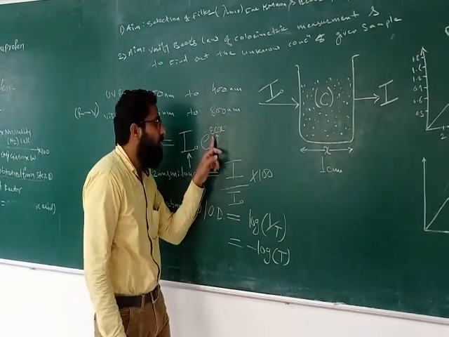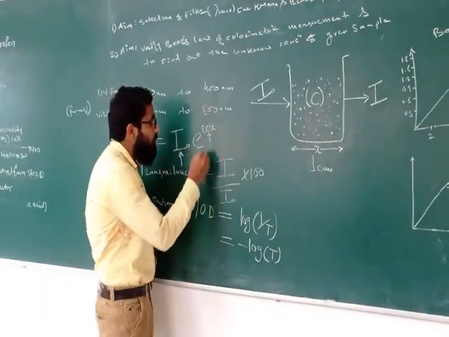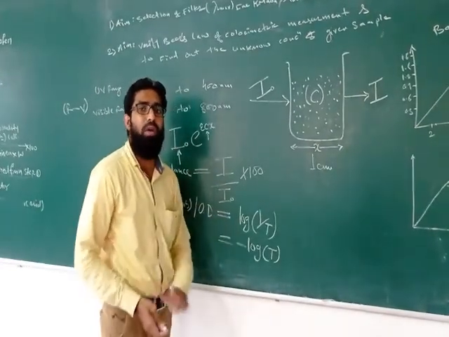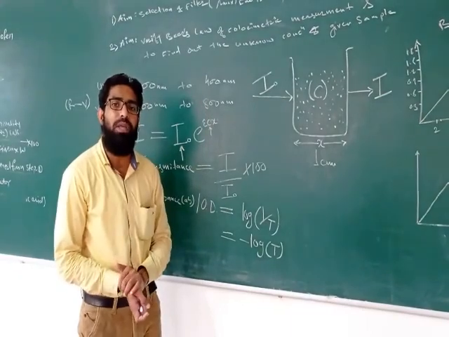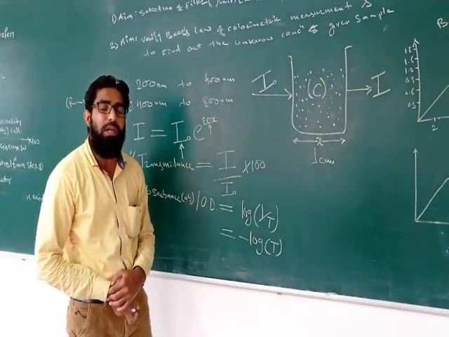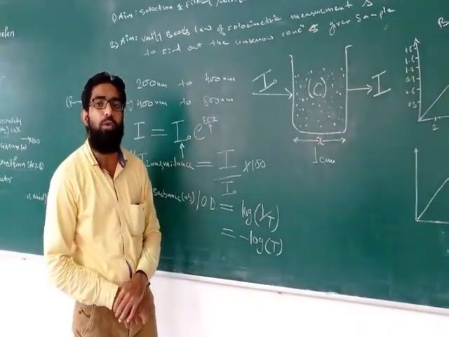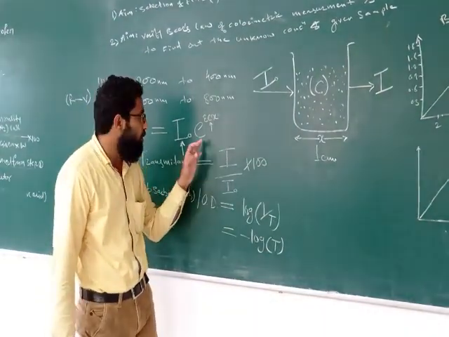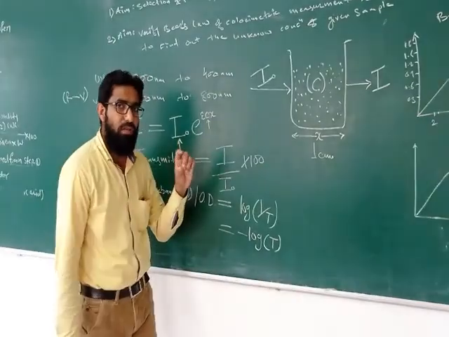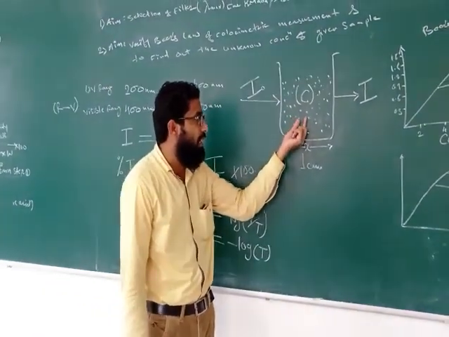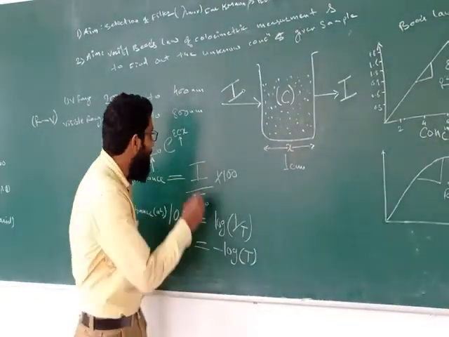Epsilon is the molar absorptivity constant. It is calculated from the slope of the graph. It is a constant. Secondly, the concentration of analyte present in the solution is a variable.